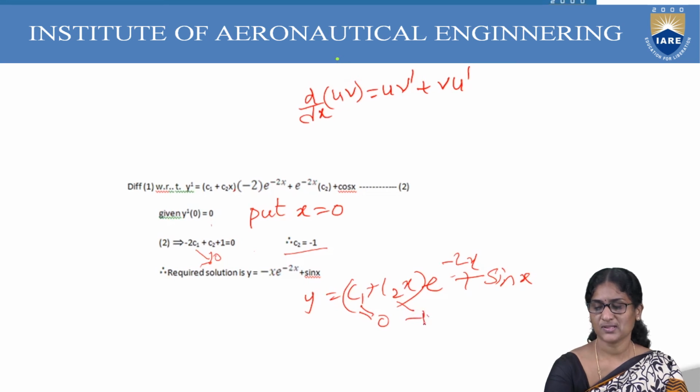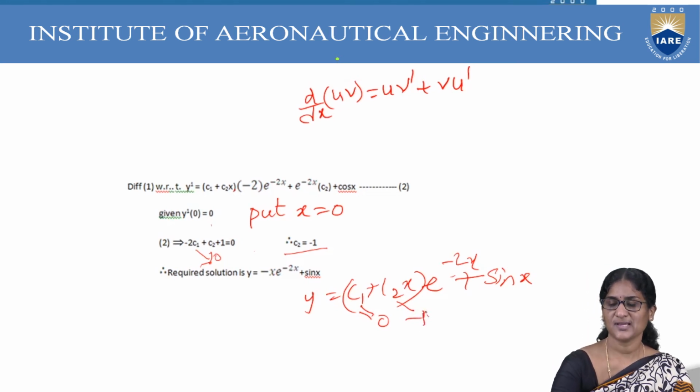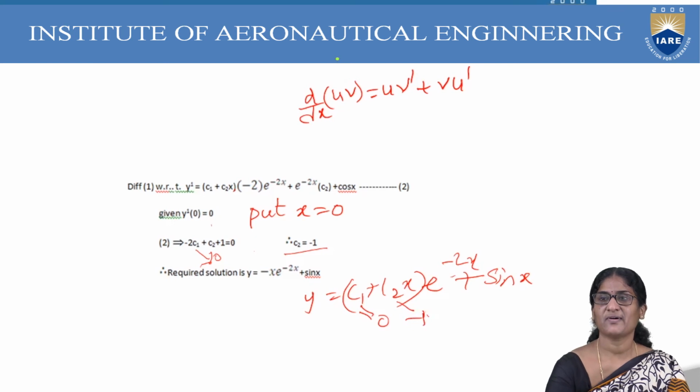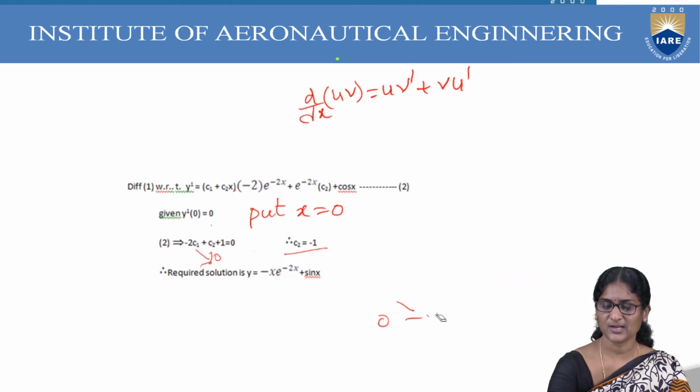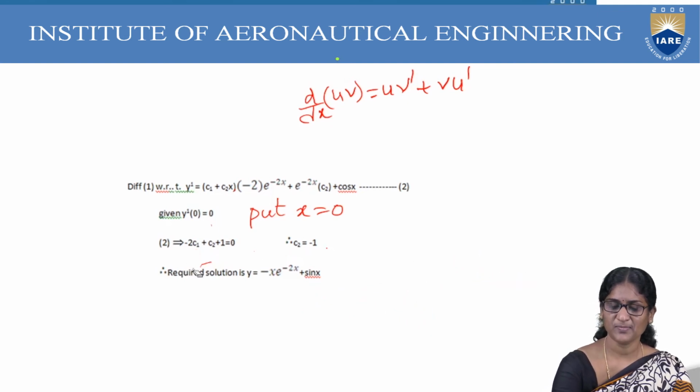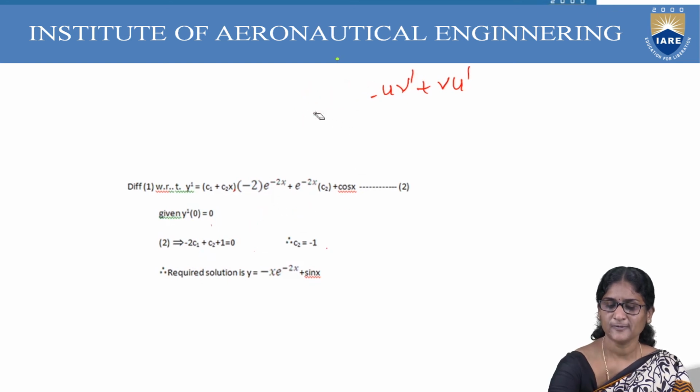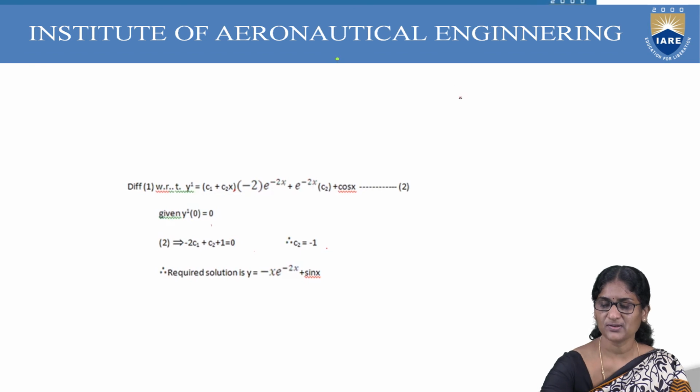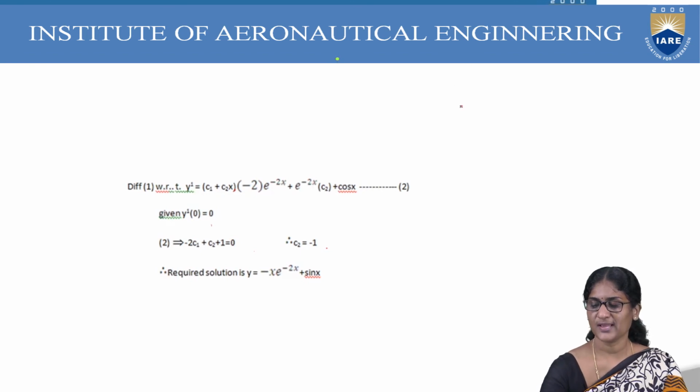So you're going to get the solution as minus x e power minus 2x plus sin x, which is the complete solution after substituting the initial conditions. This is how the problem can be done for non-homogeneous equations with Q of x equal to sin ax or cos ax.